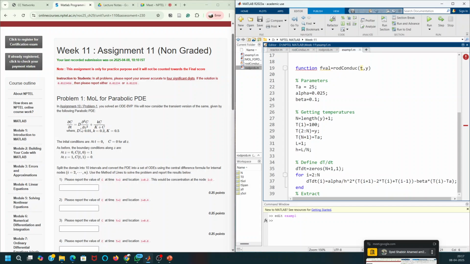Now let's modify this code. So here, these are the initial conditions which we have given.